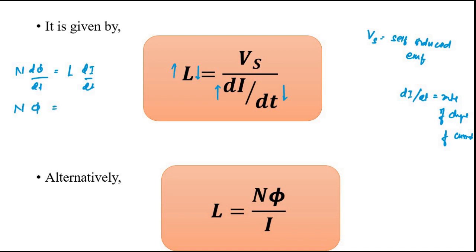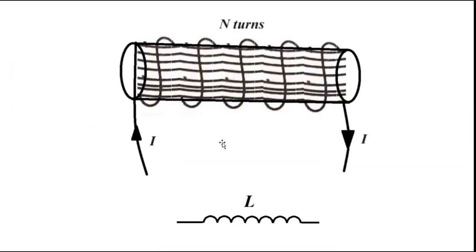That implies L is equal to N phi by I, where N is the number of turns of the coil, phi is the flux linking with the coil, and I is the current flowing through the coil.